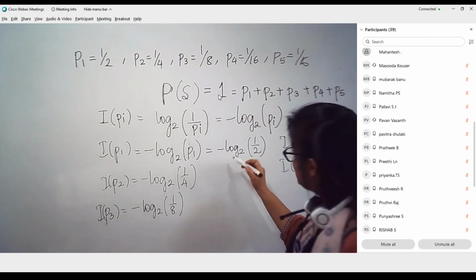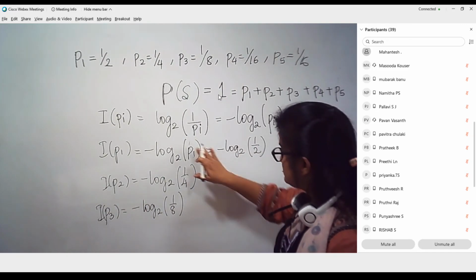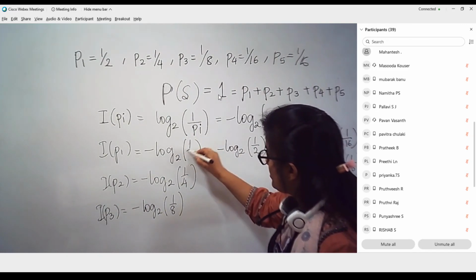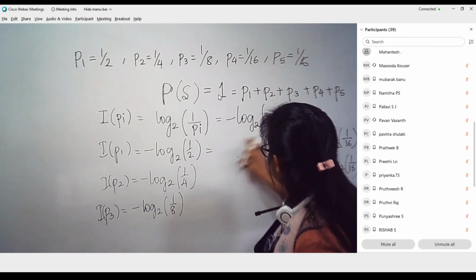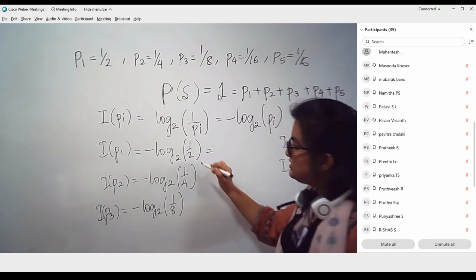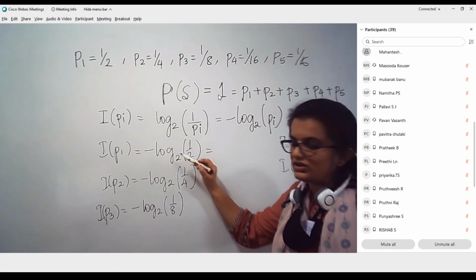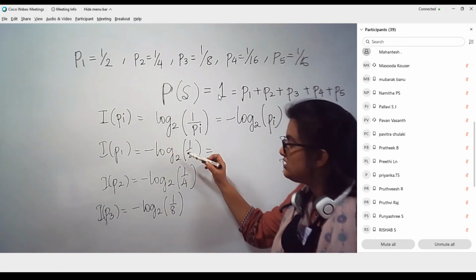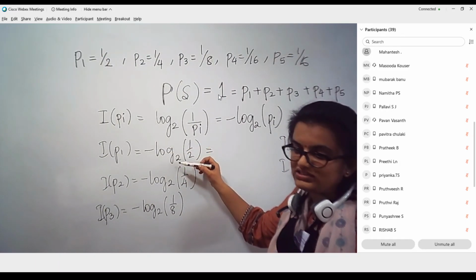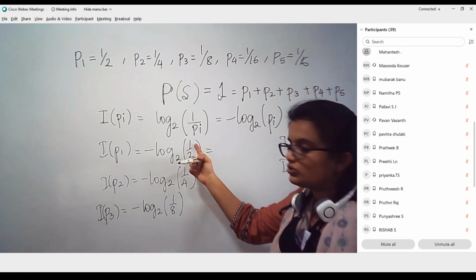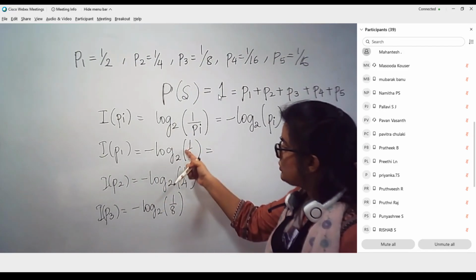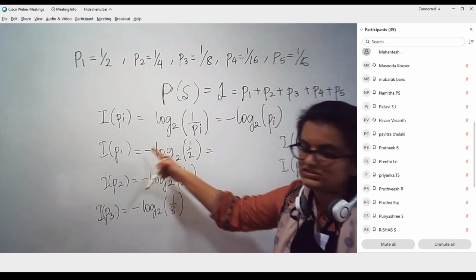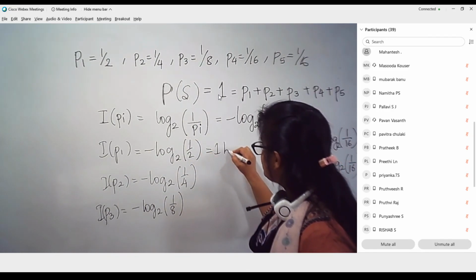Now calculate what is the value that you are getting in each case. What is the value for this? Since 2 is in the denominator, the negatives will nullify, because log 1 to base 2 is 0, log 2 to base 2 is equal to 1, so minus into minus is plus, so this is 1 bit.